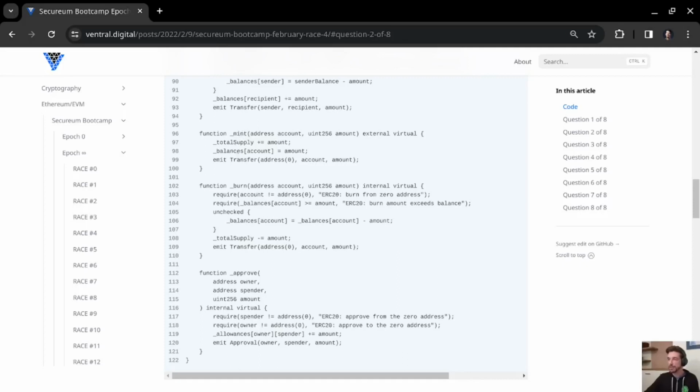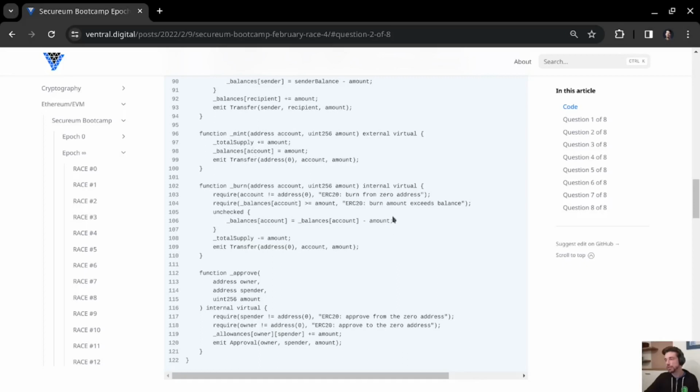Generally, when functions are prepended with an underscore, that usually means that those functions should be internal. They are internal functions that are not supposed to be called externally. So the intention here is actually that a mint function without the underscore calls the underscore mint function, but before calling it, it does some sort of authentication and makes sure that the person is actually allowed to do that.